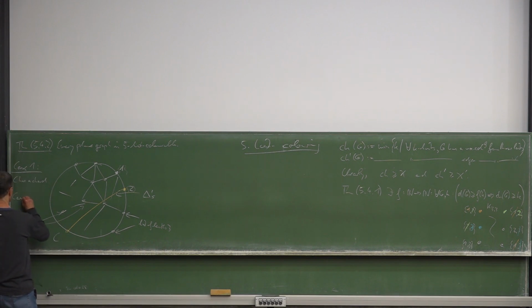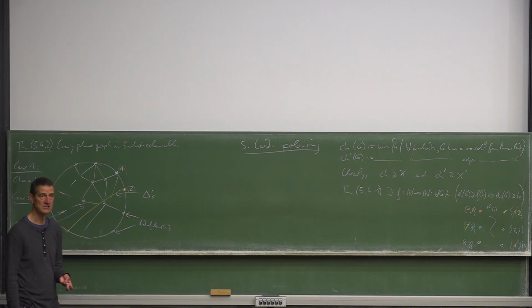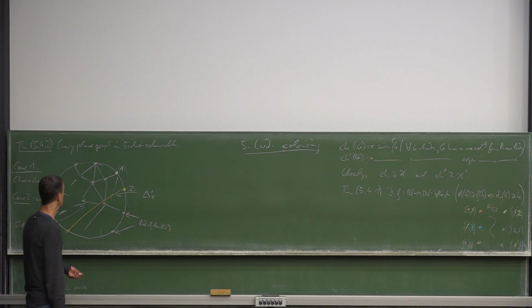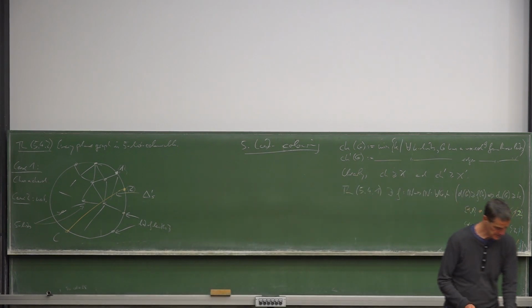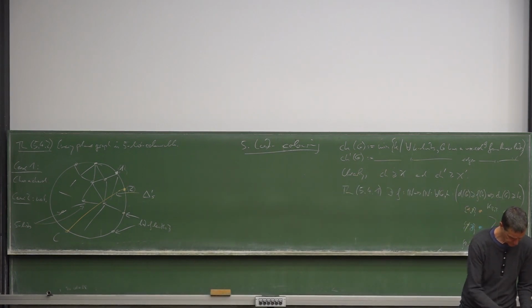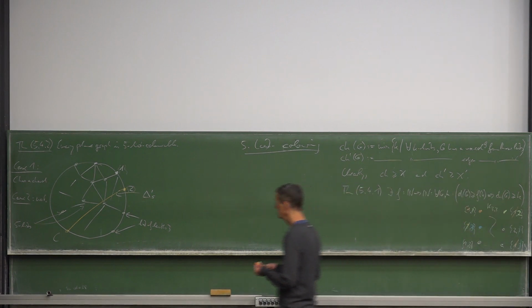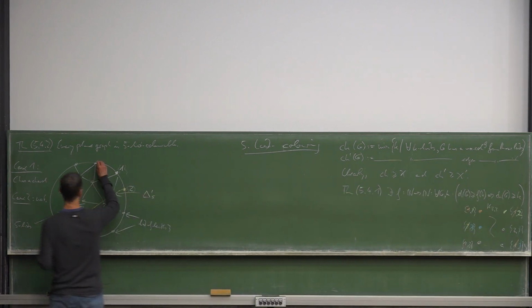Case 2, we don't have a chord. So in that case, we look at the last vertex here, call it vk.